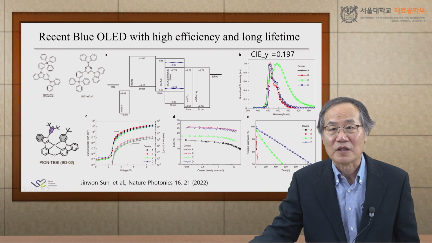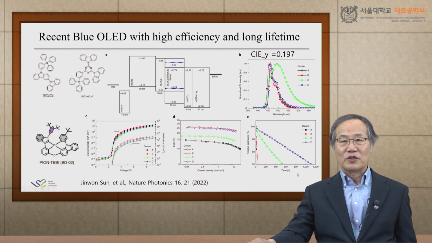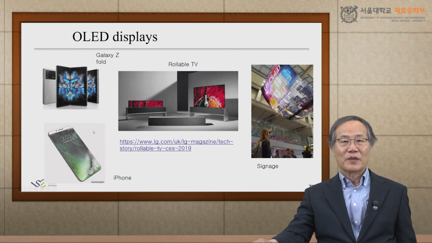So you see this degradation to 70% of the initial, so-called LT70, is over 1,000 hours. So I think the development or commercialization of blue phosphorescent or TADF OLED is quite promising in the near future.